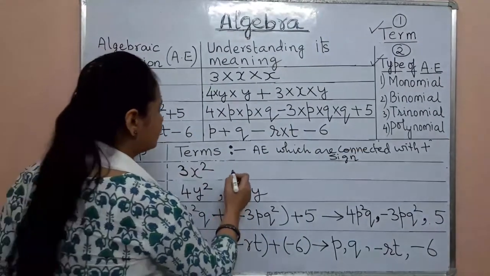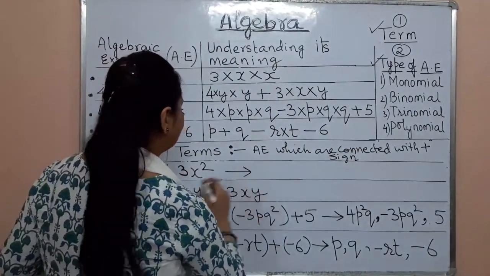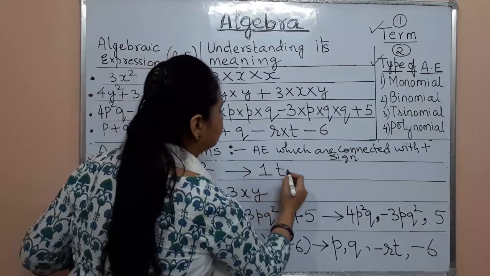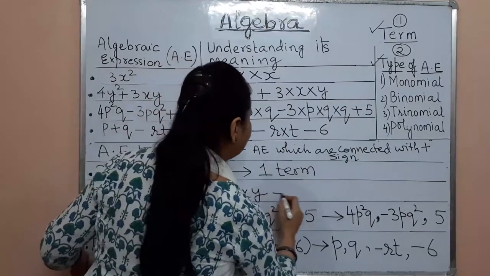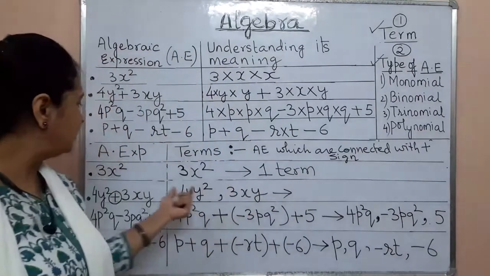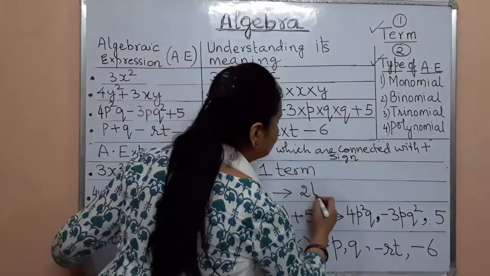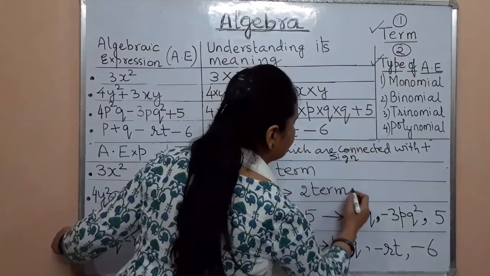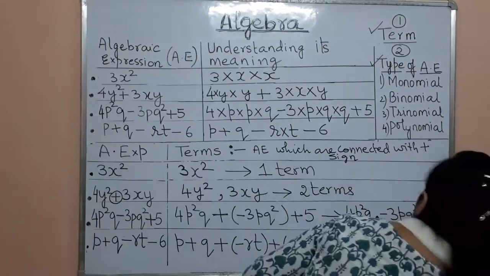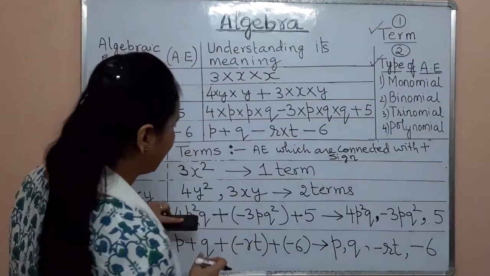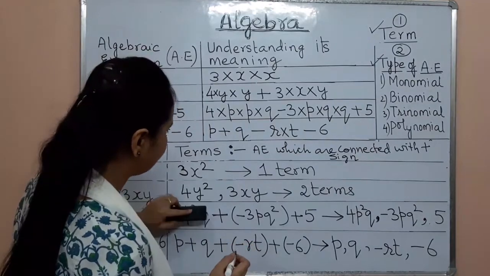So how many terms do we have here? We have one term. How many terms do we have in the second algebraic expression? We have 2 terms. How many terms do we have in the third algebraic expression?